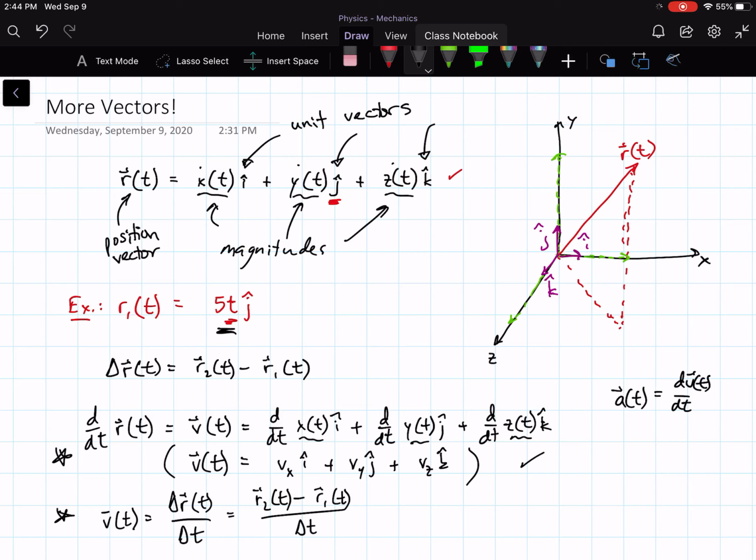And so that would look very much like this kind of procedure, except all of these little pieces would be the x and y and z components of the velocity, and you'd be taking time derivatives of all of those things, right? So thus the definition, more generally speaking, for these basic quantities of physics in 2 or 3 dimensions.